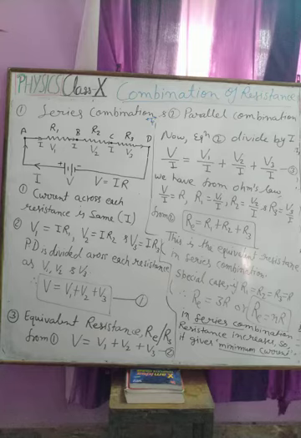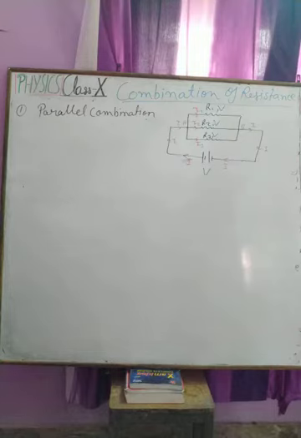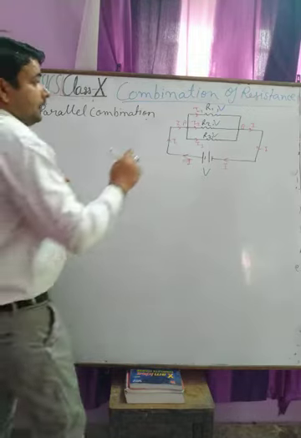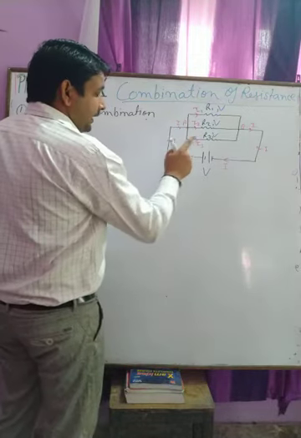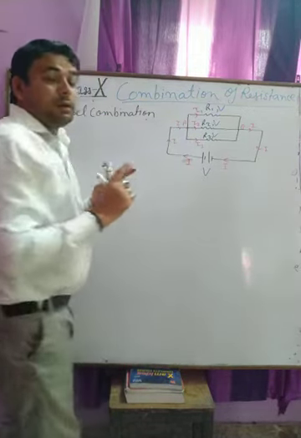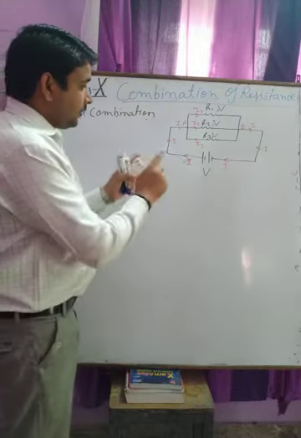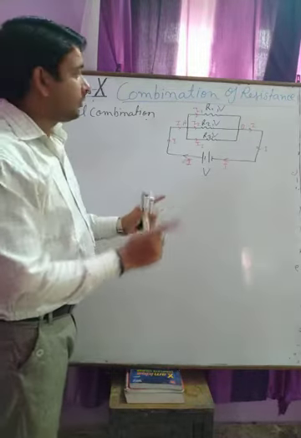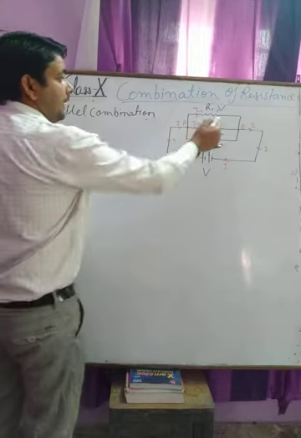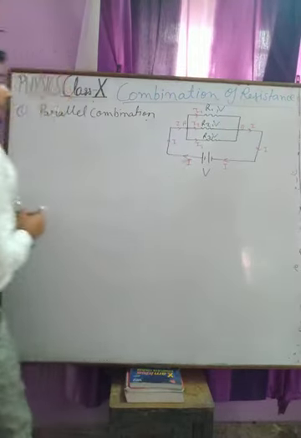Okay, now we derive the formula for the parallel combination. Now student, in parallel combination the resistances are connected individually with the positive and negative terminal of the battery as arranged in this diagram.